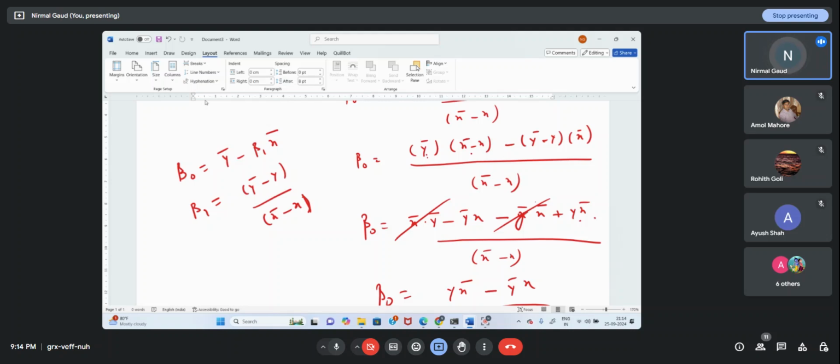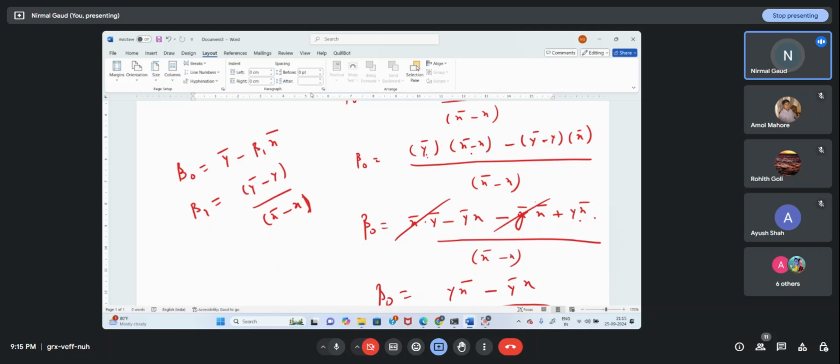Where I wanted to open up the bracket, I did. Where I wanted to take the summation, I did. If you think there is any change, or any of the steps should not be here and something else should be here, you can tell.